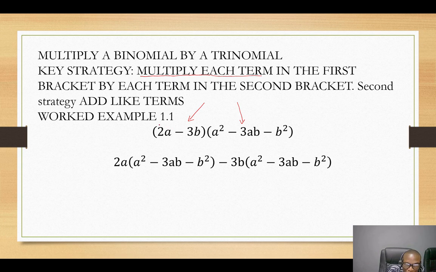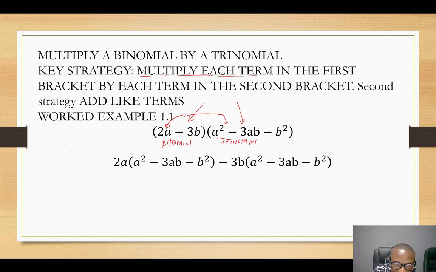So if you look at my first bracket, which is a binomial, in my first bracket I have a binomial. And in my second bracket, I have a trinomial. So I'm saying take each term in the first bracket. The first term in the first bracket is 2a. So I'm going to take 2a and multiply it by everything in the second bracket.